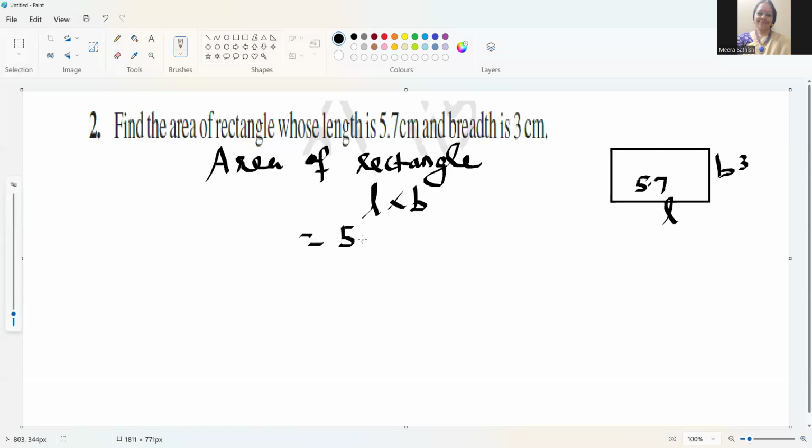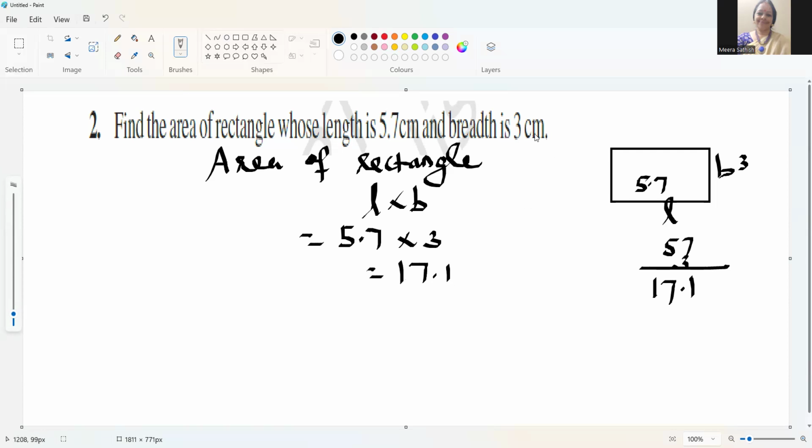So 5.7 into 3. So multiply 57 into 3. 171, right? And 1 decimal place. So 17.1.